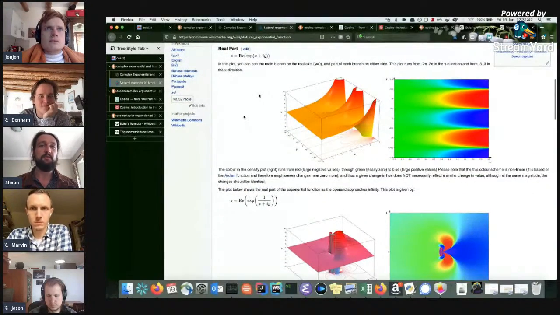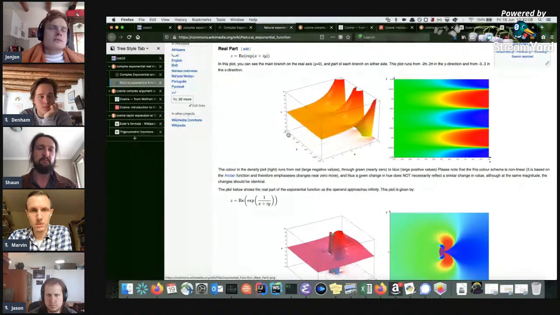Okay, so what we're going to do now is we're going to look at the real part of the exponential function for a complex variable. So what we have here, like in the little graph that we were just playing with, we have an x and a y plane, and that is your base plane, the domain plane, where your complex variable lives.